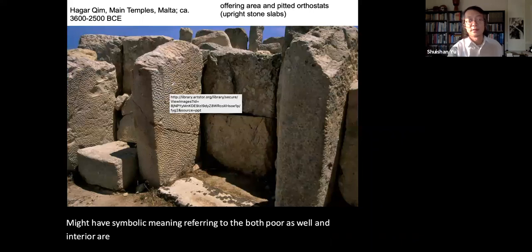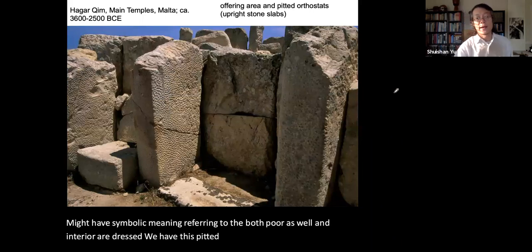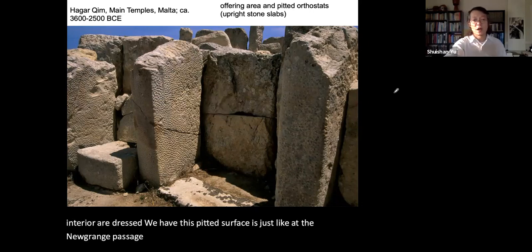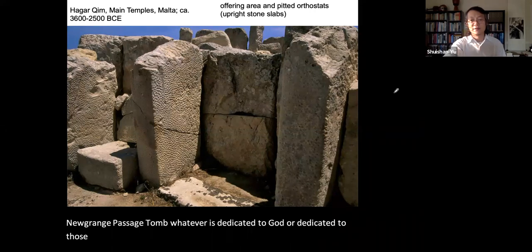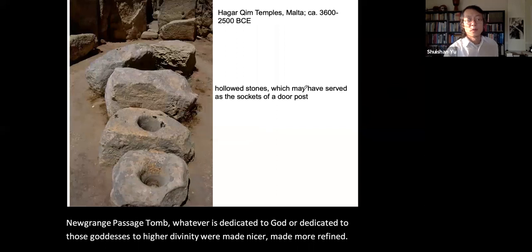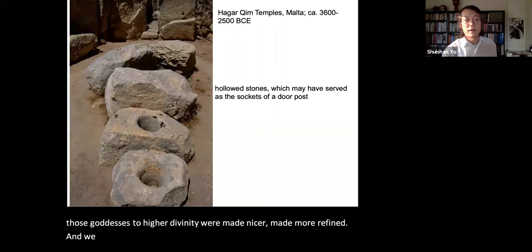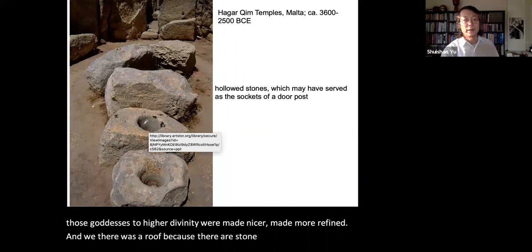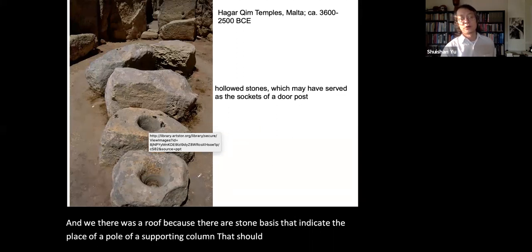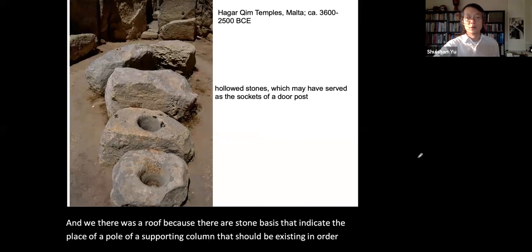We have these pitted surfaces, just like at the Newgrange passage tomb. Whatever is dedicated to God or to those goddesses, to higher divinity, were made nicer, more refined. And we know there was a roof because there are stone bases that indicate the place of a pole, of a supporting column that should have existed in order to support a roof.